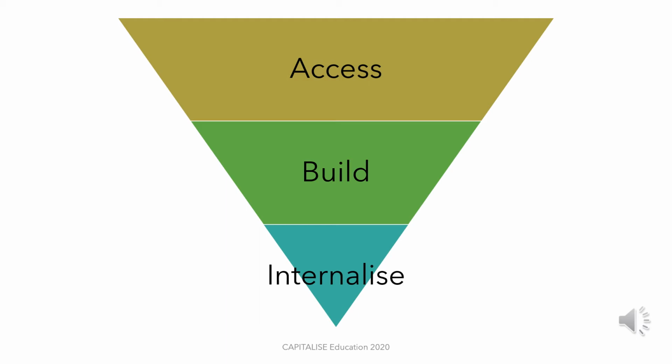The checkpoints that fall within the build level are those designed to help the students to continue to overcome those barriers to the learning process. The final level, internalize, contains those checkpoints designed to help students internalize those skills to overcome those barriers so they can continue to do that throughout their life.